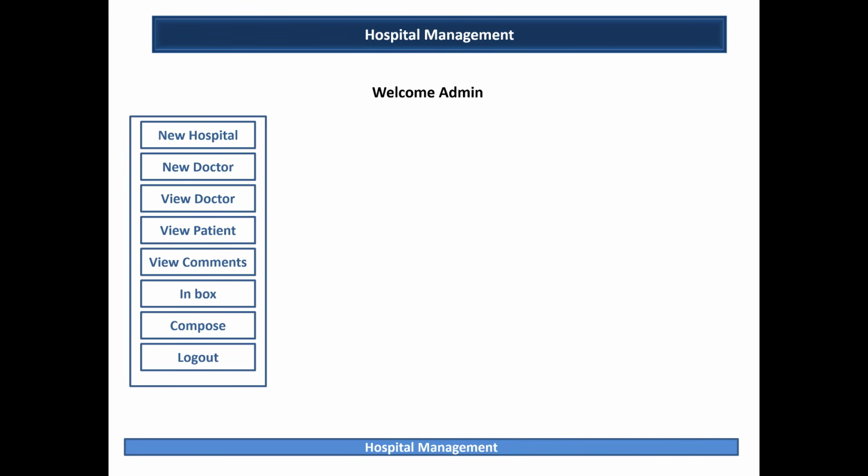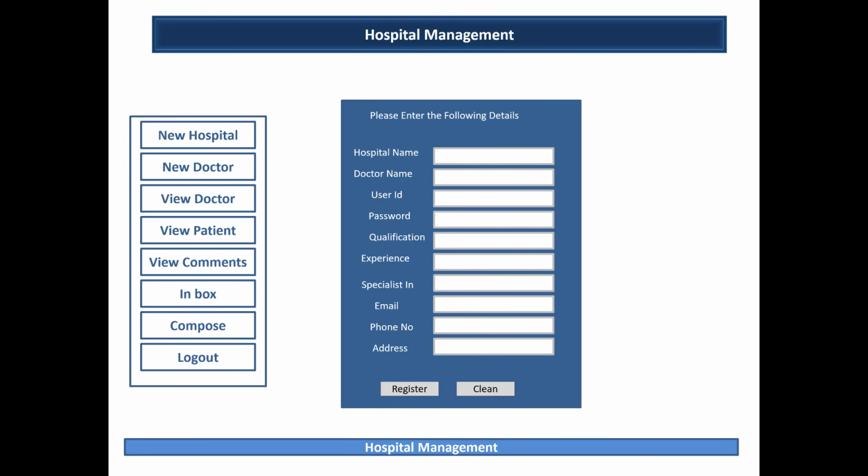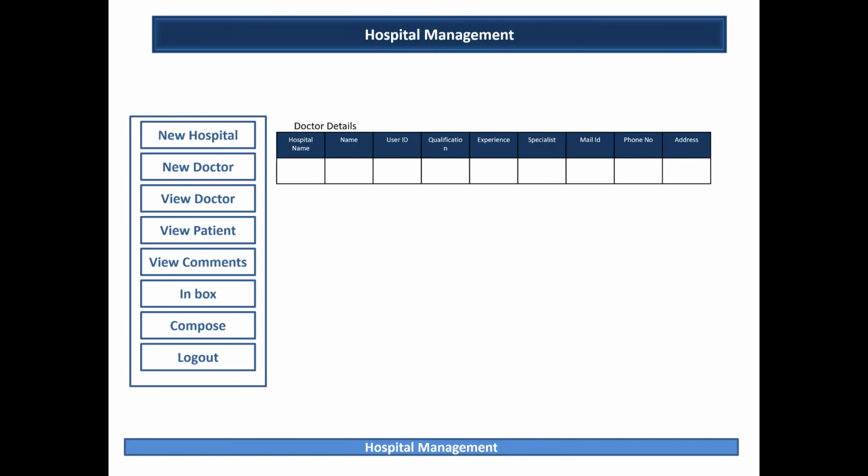This is the admin part, where we have an admin section. In the hospital detail there is the hospital name, address, and city. Next, please enter the following details: hospital name, doctor name, user ID, password, like the doctor sign up, and specialization. This is the form for doctor information, inserted successfully.